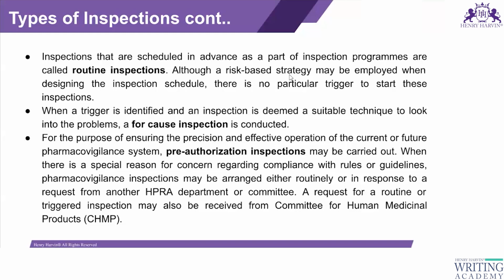Usually the inspection would not be conducted, but now this problem has been identified. Like I said, if a lot of adverse events are reported related to a particular drug manufactured by that company, then only in that duration will the inspection be conducted. Before that, or after that issue is resolved, there will be no inspection. So that is known as for cause inspection.